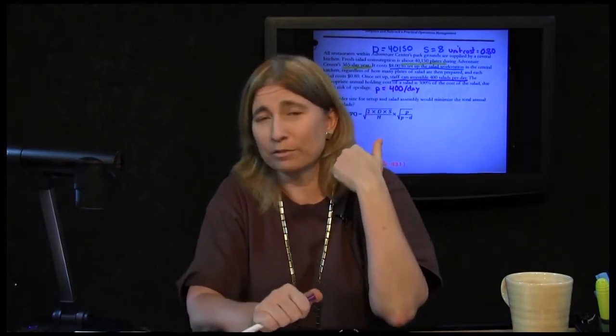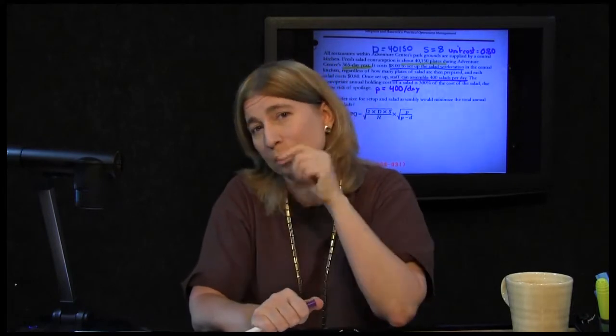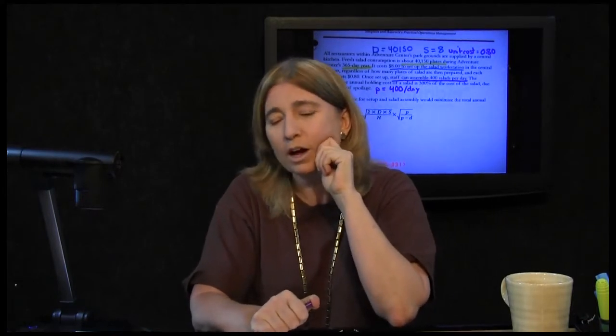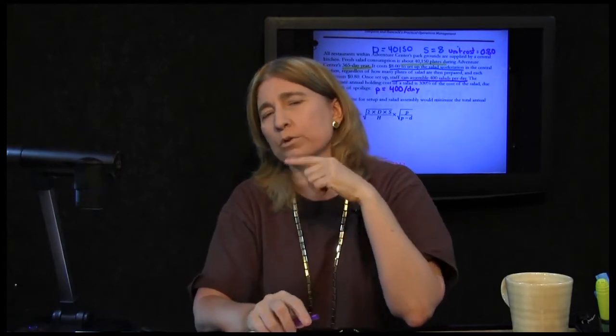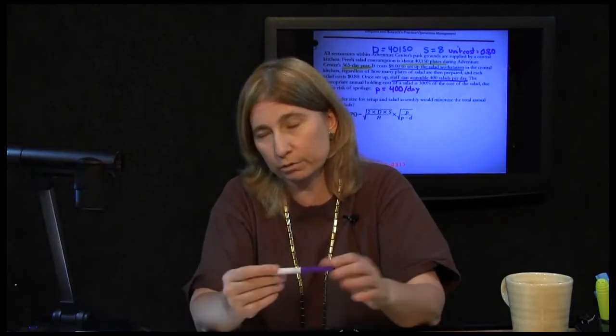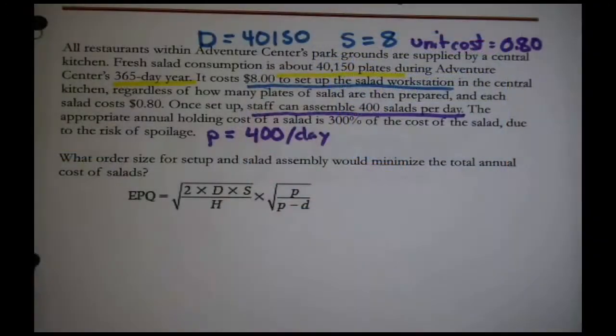If we had not known that we were going to be using the EPQ formula, like we didn't have this note frame, which has the formula pre-printed, that sentence would have given away whether we were supposed to use that or the simpler earlier EOQ formula. Because the moment we're told how fast something is made, it is more appropriate to use the economic production quantity, the EPQ formula.